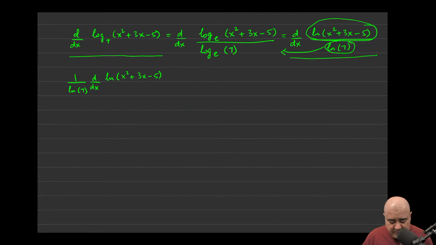And the derivative of ln of a function, hopefully you remember from the previous discussion, is the derivative of the argument. So the derivative of x squared would be 2x. The derivative of 3x would be 3, the derivative of 5 would just be 0, so that's gone, over the argument itself. So x squared plus 3x minus 5.